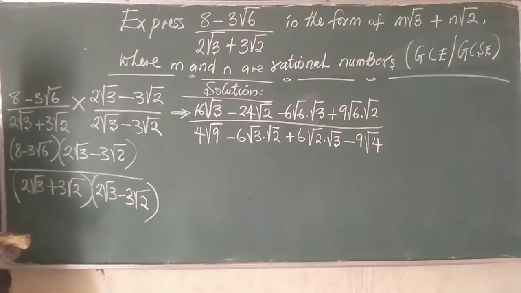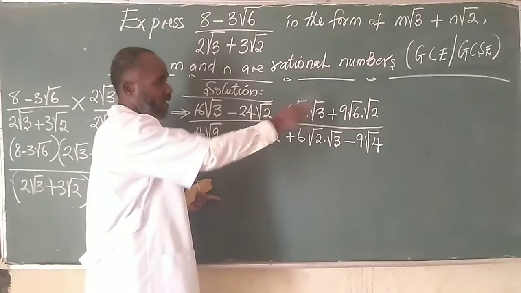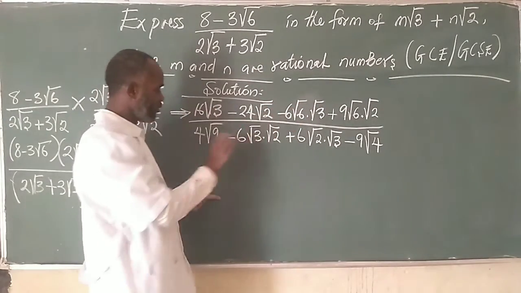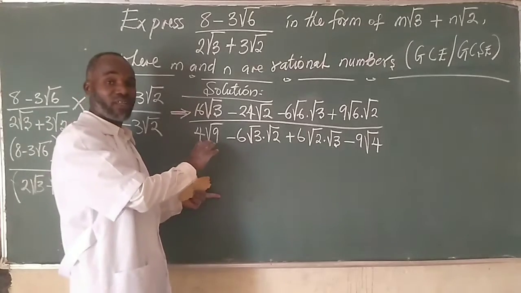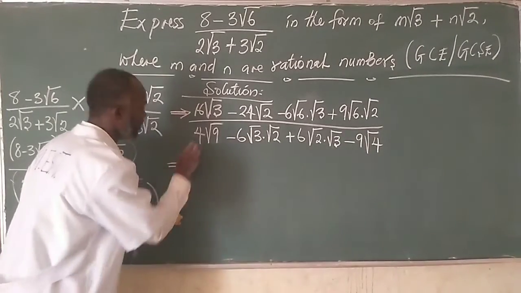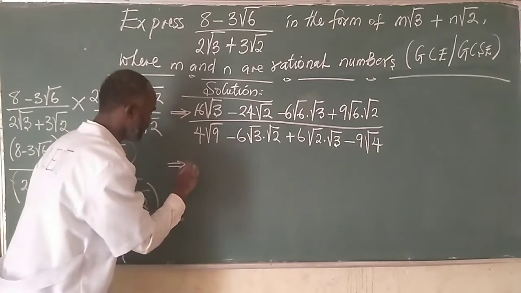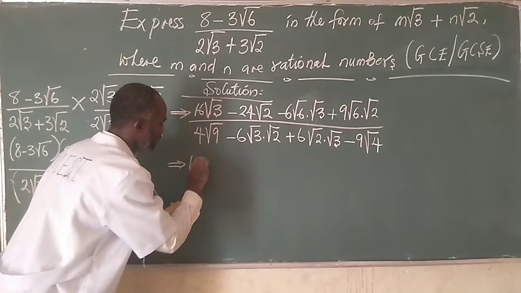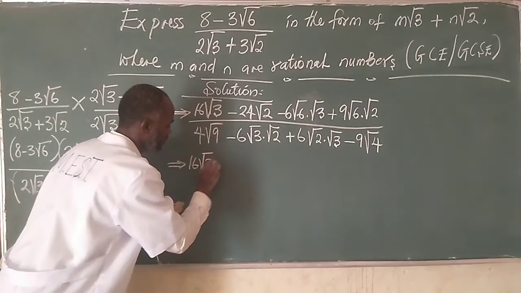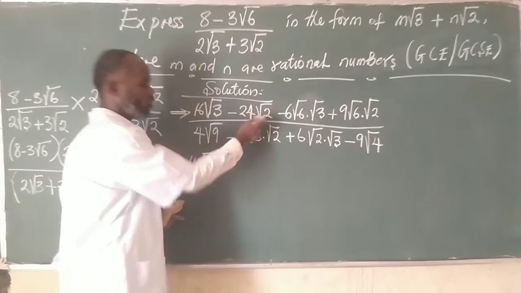The next step is for us to collect like terms at the numerator, and then collect like terms at the denominator. So let's see. Like terms here and then like terms there. So we have 16 square root 3, we return minus 24 square root 2.